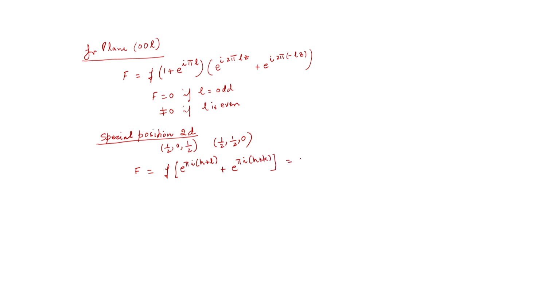I can take out e to power pi i h common, and I will get inside the brackets two terms, e to power pi i l plus e to power pi i k.